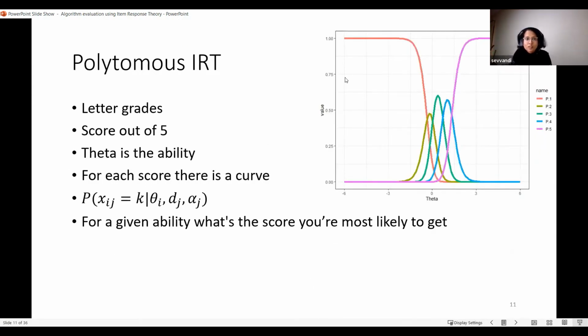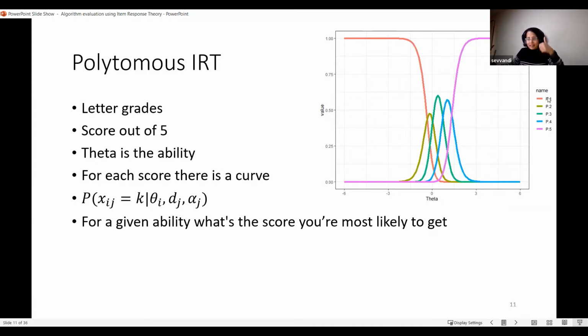Then, of course, there is polytomous IRT. So your mark is not just 1 or 0. It can be a letter grade, A, B, C, D, E, or it can be a score out of 5 or out of 10, so you can get different points. And again, theta is the ability. So in this graph, for low values of ability, the most probable outcome is this orange curve, which has the highest probability, and P1 is always less than P2.